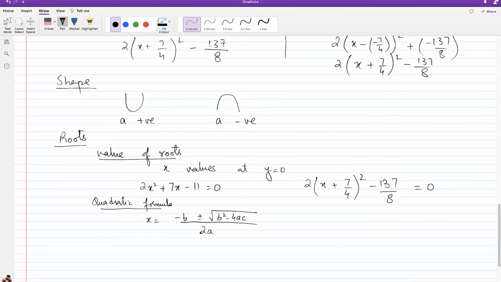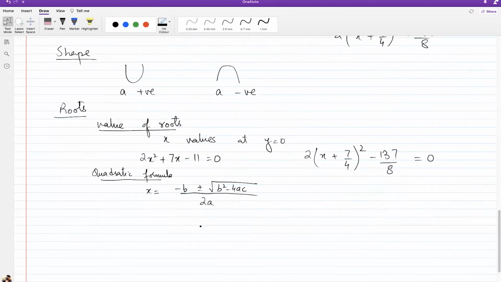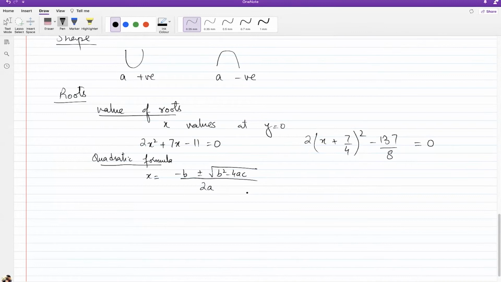Right? We will study quadratic formula in a bit. So quadratic formula हमें x की values बताता है. All right. So you just plug the values in here. You get minus 7 plus minus square root minus 7 squared minus 4 into my a is 2, c is minus 11 over 2 into 2. That gives me my value that I want.